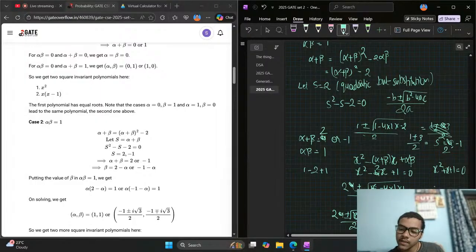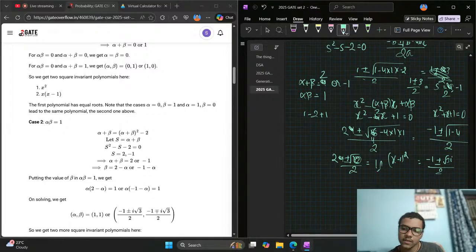If you do it here, minus 1 plus or minus root b square. What is b squared? 1 minus 4 by 2, minus 1 plus or minus root 3i by 2. Oh wow, you solved it.